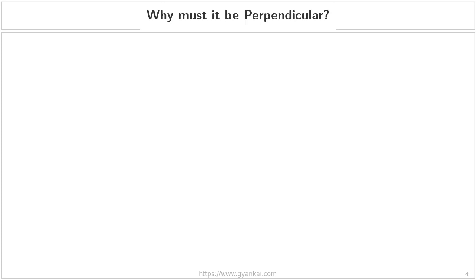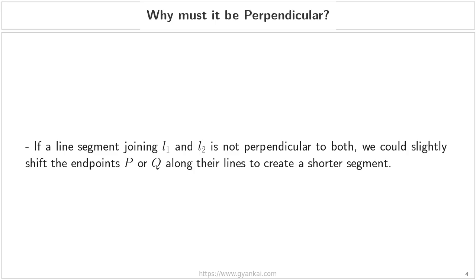Why must it be perpendicular? Imagine we have a line segment connecting a point on line 1 to a point on line 2, but this segment is hitting the lines at an angle. It's not perpendicular. If it's slanted, it means we haven't found the tightest possible connection yet. If we were to slightly shift our endpoints, point P or point Q, along their respective lines, we could actually straighten out that segment.